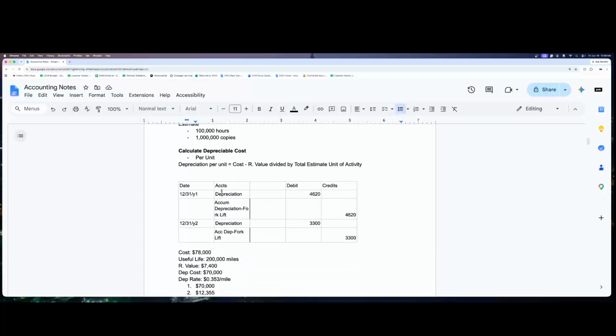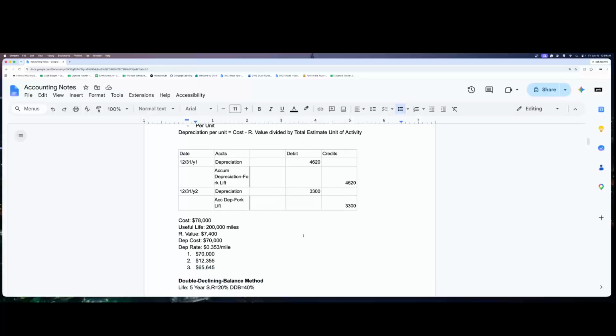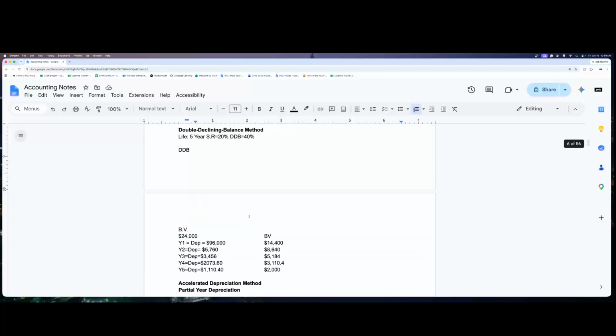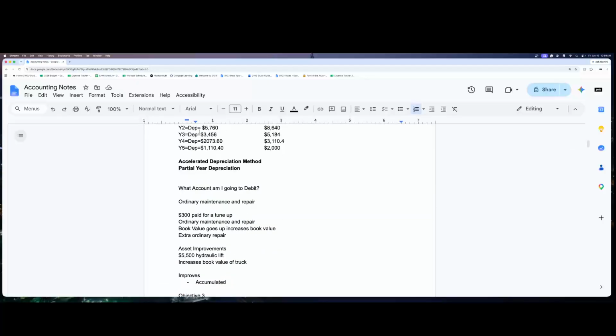For example, here you can see you debit depreciation, and then you credit accumulated depreciation of whatever the item is. Okay. You can calculate that based off units of activity. There's double declining balance, and then you can also calculate it based off of the years.